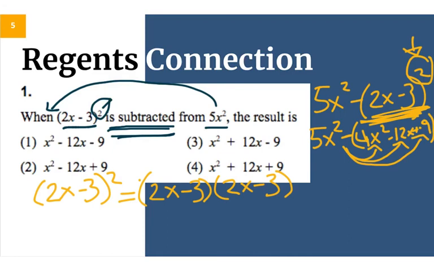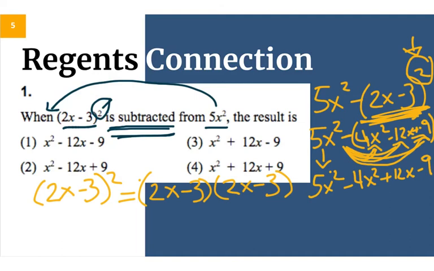All right, so let me just do that. So I start with 5x squared, and a negative times 4x squared would give me minus 4x squared. A negative times negative 12x would give me a positive 12x. And negative times a positive 9 would give me a negative 9.